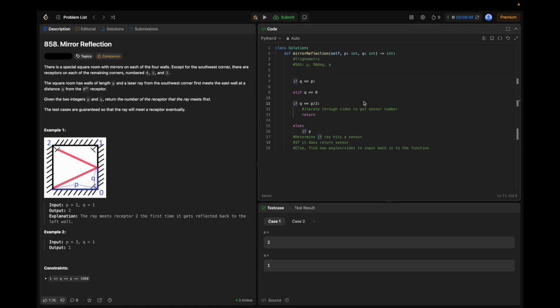The first scenario is if it bounces and goes straight across the diagonal, it's going to hit 1. Let's pretend recursion doesn't exist and say, okay, return 1. If Q is equal to 0, then we're hitting this one, so we're returning 0. And if it's halfway through, then we're bouncing, we're hitting 2. Return 2. It's a perfect bounce. Okay, these are the perfect bounces. Now, the important part is here in this else statement.